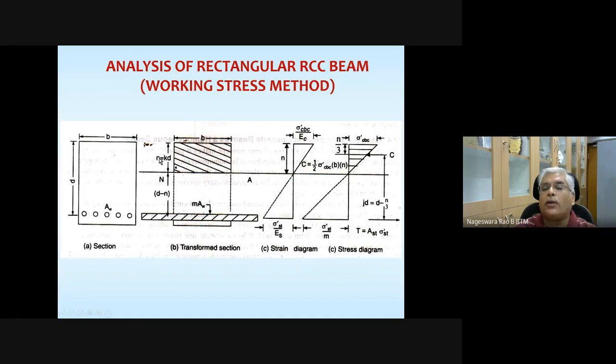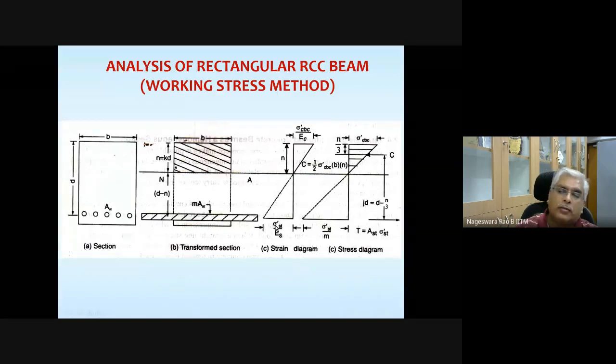Neutral axis is denoted with n, so this distance is going to be 1/3 of that. So this distance is n divided by 3. And now coming to the strain in steel. Strain in steel is sigma prime ST divided by ES.